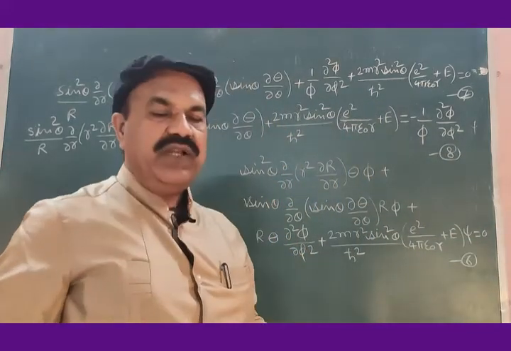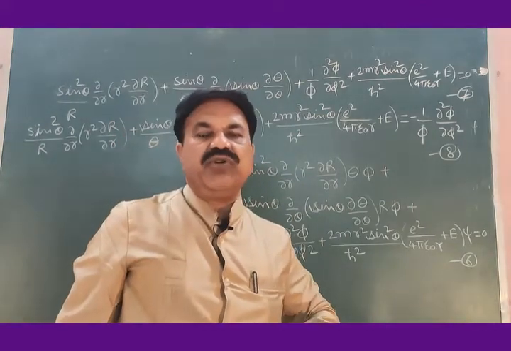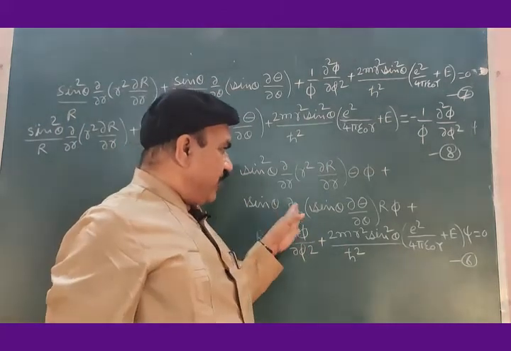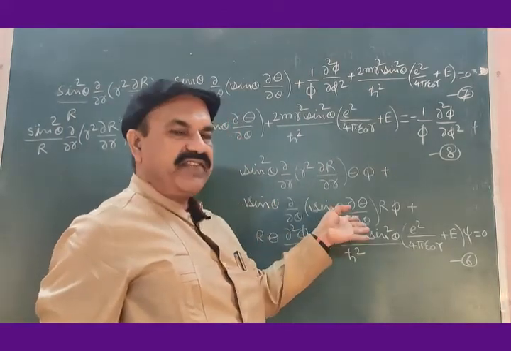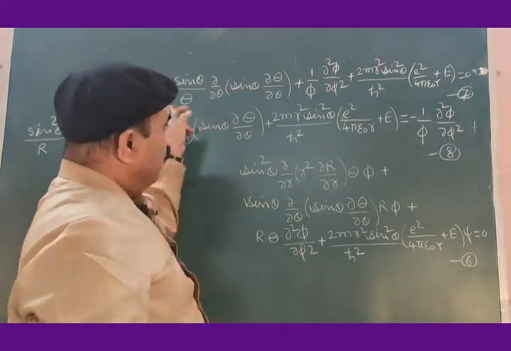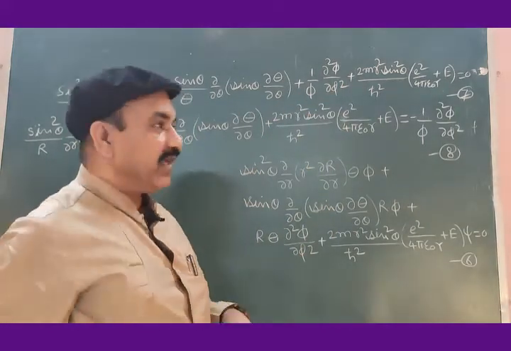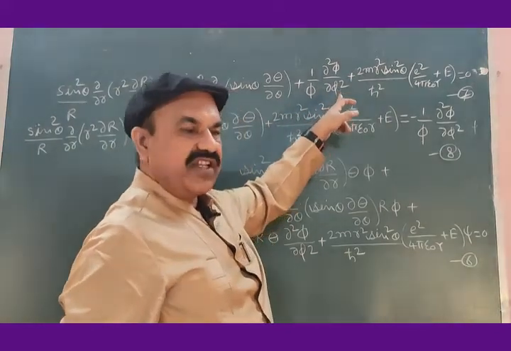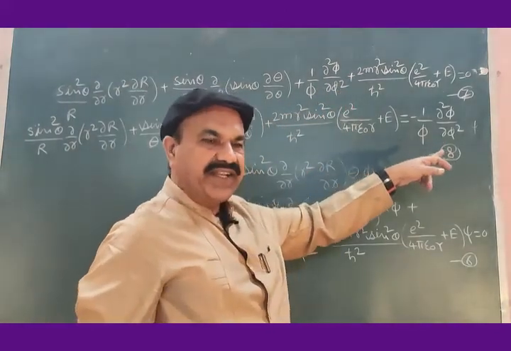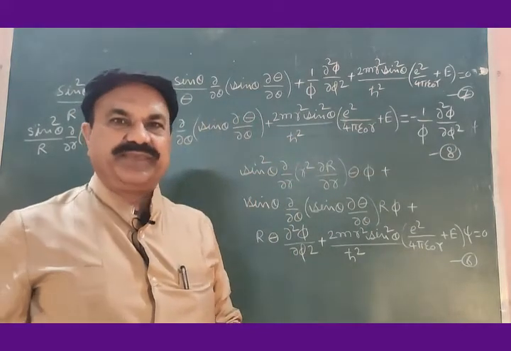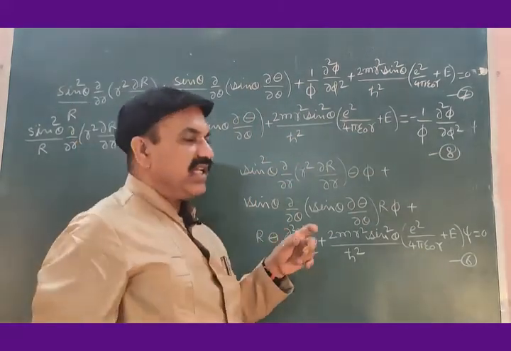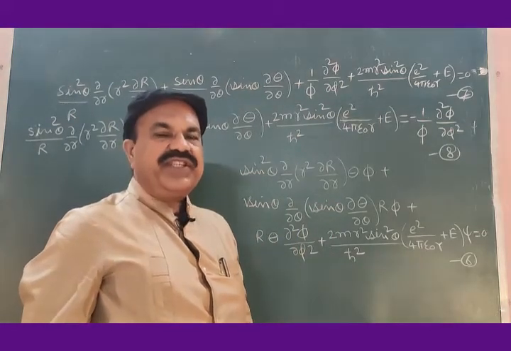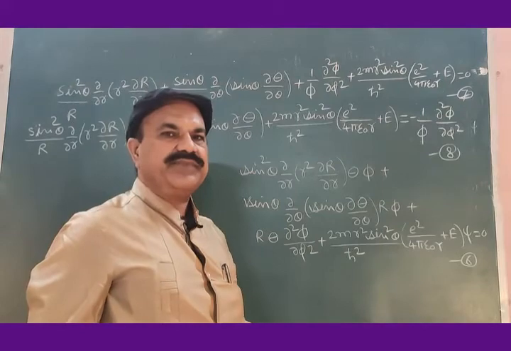Substituting the values of dou psi by dou r, dou psi by dou theta, dou psi by dou phi, we got this one. Dividing this equation by r theta phi, we got equation 7. The third term of equation 7 is transferred to RHS to get equation 8. And now let us have a look inside equation 8. If we see equation 8, what do we find?